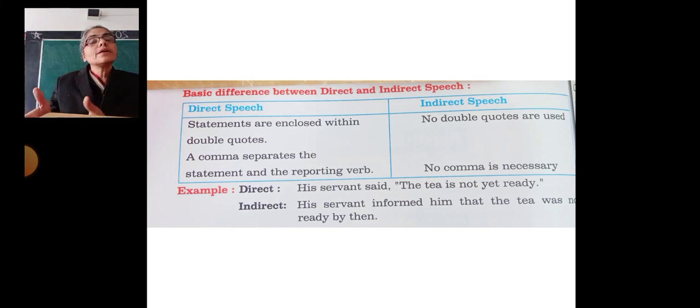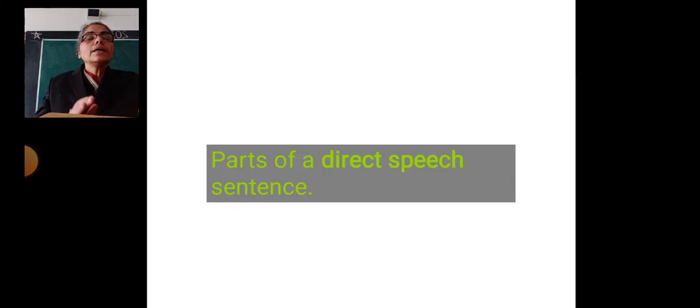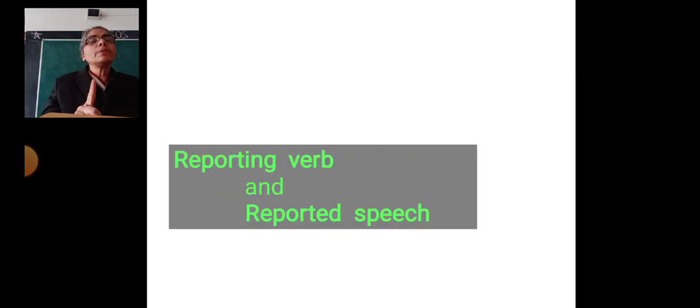So his servant said, this is reporting verb and the tea is not yet ready, it is reported speech. Reported speech is always written within double quotes or double inverted commas. Reporting verb and reported speech are separated by using a comma. In this way, always remember that a sentence of a direct speech has two parts, reporting verb and reported speech.